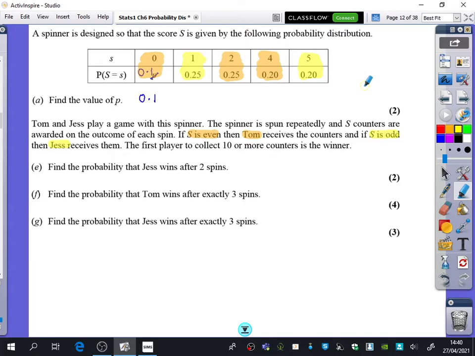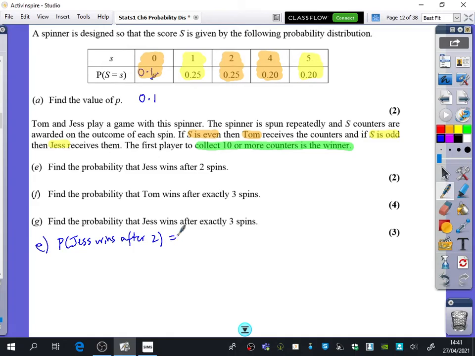And we want to find the probability that Jess wins after 2 spins. Well, the way that you win this game is you collect 10 or more counters to become the winner. So how is Jess going to win? I've skipped out some parts for this question, which is why it suddenly goes from A to E. So the probability that Jess wins after 2 games, she has to get a 5, and she has to get a 5.